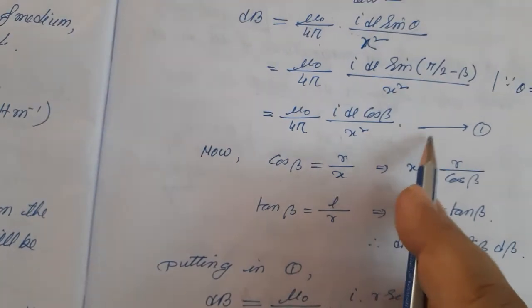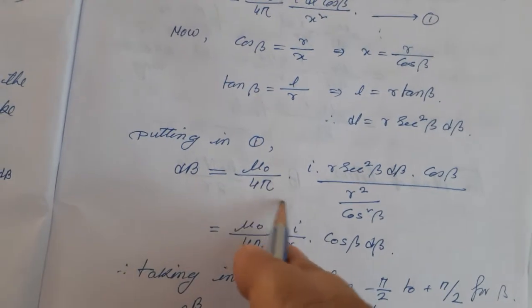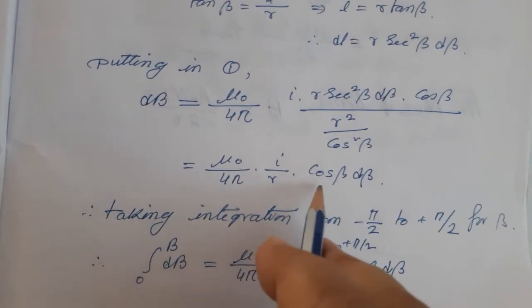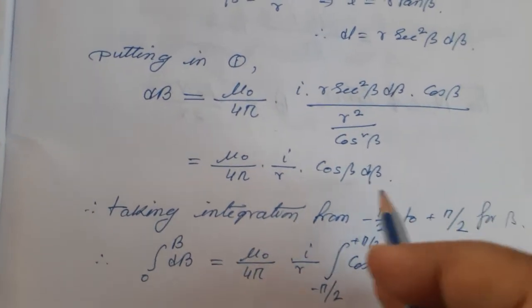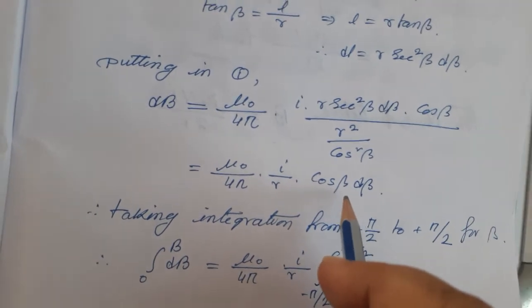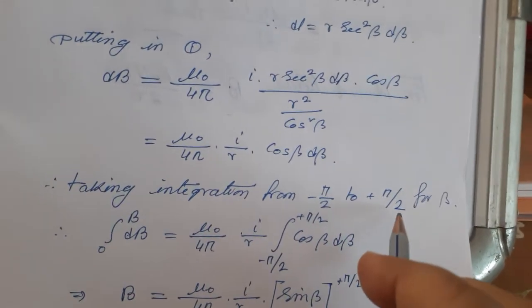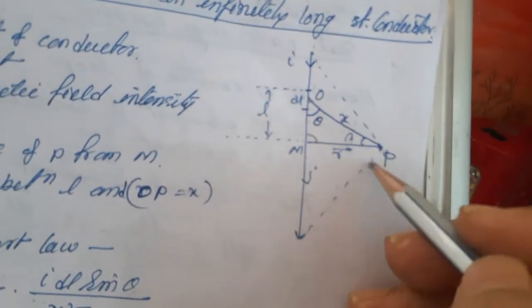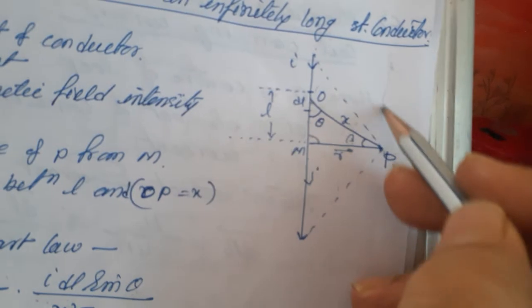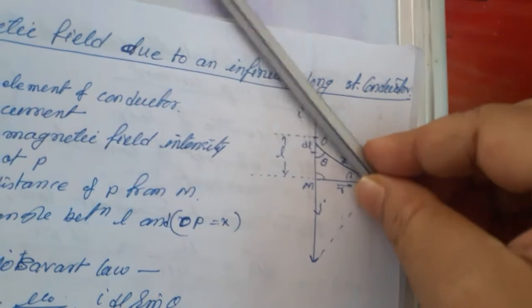Putting this in the equation of magnetic field intensity dB, dB is equal to mu 0 by 4 pi, and after simplifying, I find mu 0 by 4 pi, I by r, cos of beta d beta. So I have to integrate over beta, taking the integration from minus pi by 2 to plus pi by 2. Look at this. If this line is infinitely long, then from the point P the angle will be like this.